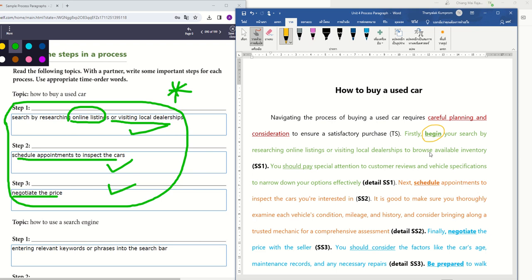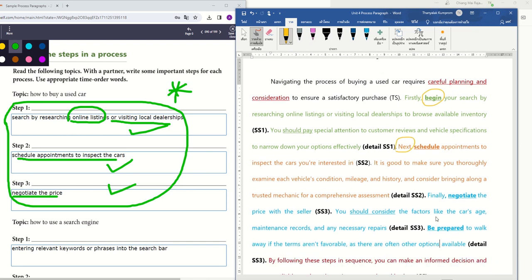Begin, this is a time order word. Then next and finally. So once you put your outline and your mind mapping into a paragraph, you need to add transition words as well.